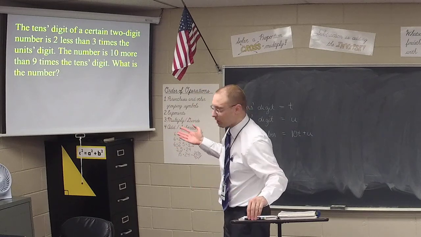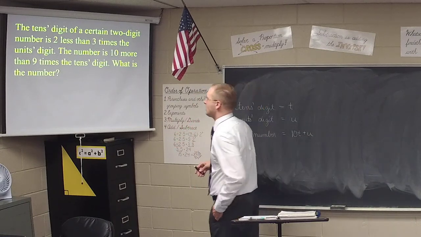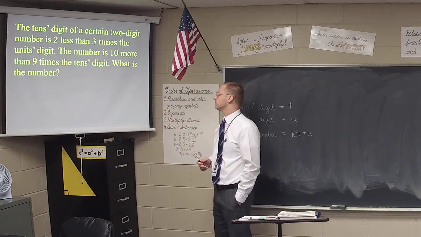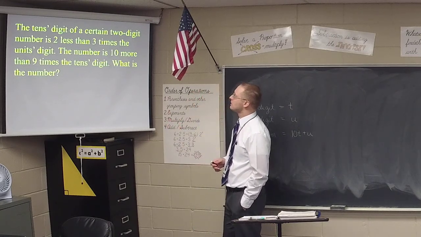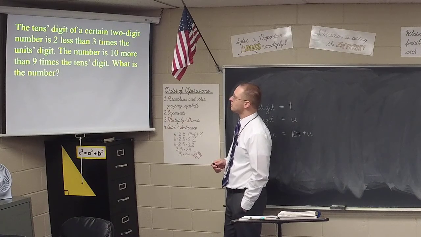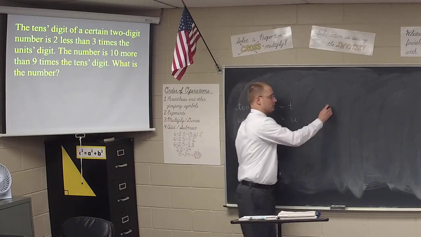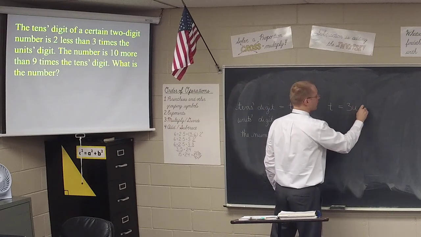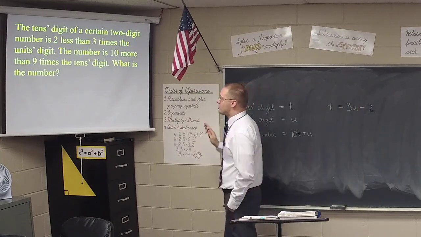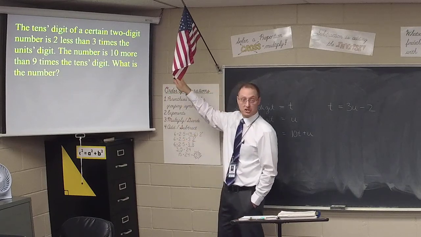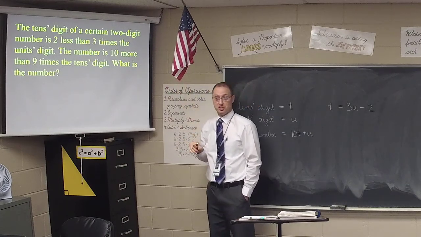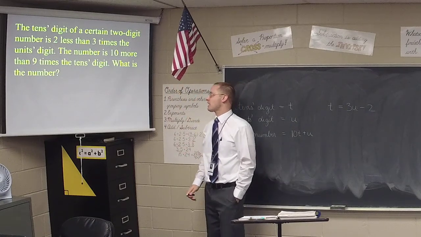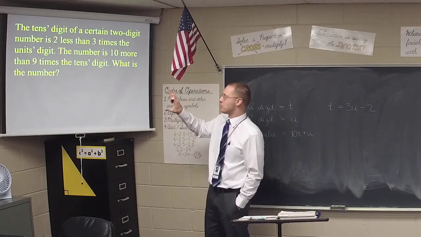All right. So as we look at the first sentence, how might we represent that statement, Brecken? Perfect. The tens digit, skip over the prepositional phrase, that's why you put parentheses around those in English class. The tens digit is 2 less than 3 times the units digit. Way to read between the lines there.